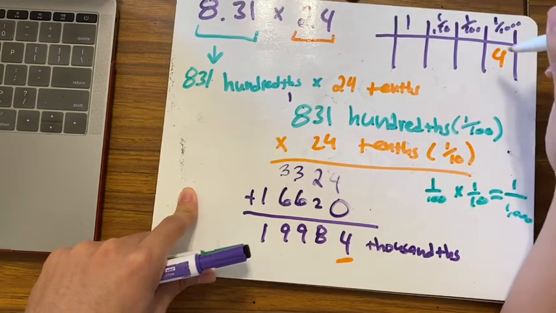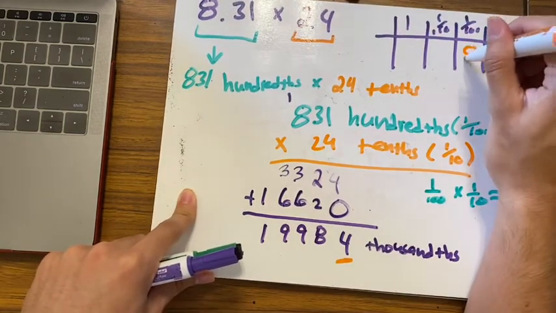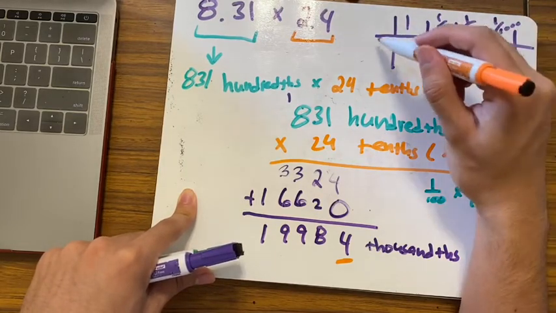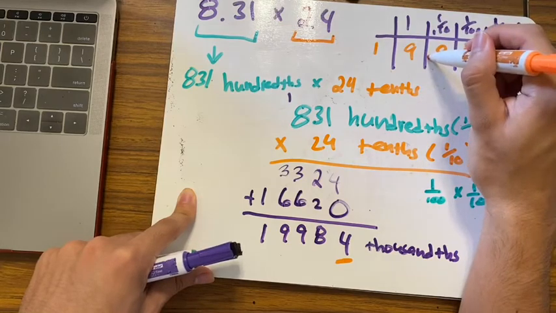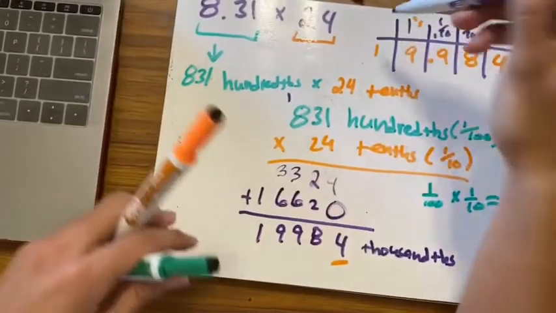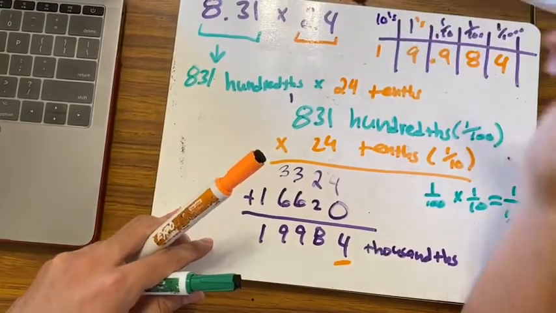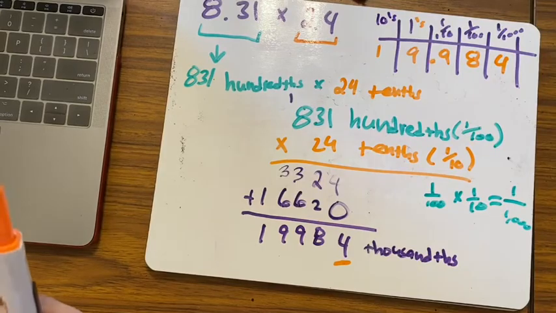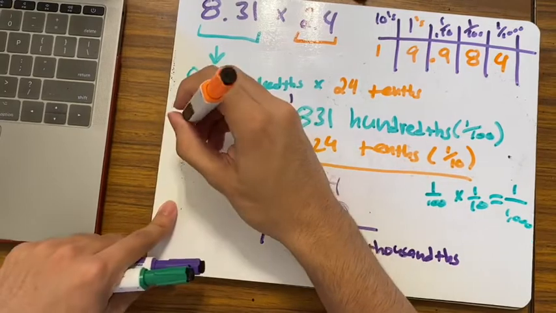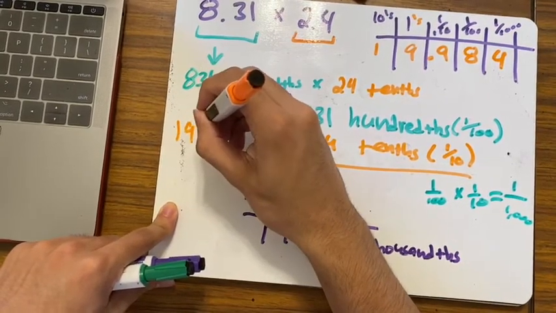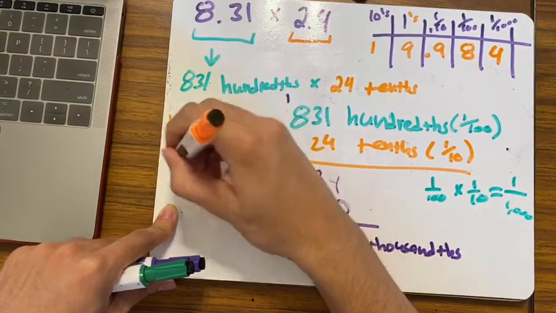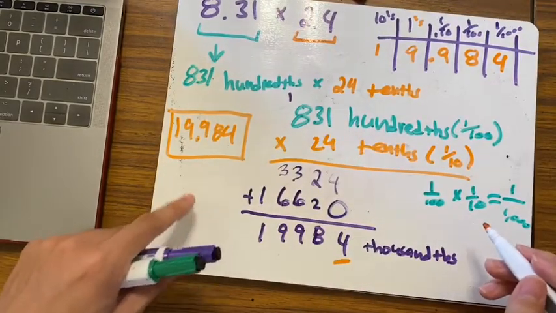So my 4 goes here, and then everywhere else just follows. 8, 9, 9, 1. My decimal goes there. My ones is here, so then what comes here? My tenths, right? So then my answer is, everybody, this. My answer, in decimal form, is 19.984. That's my final answer, okay?